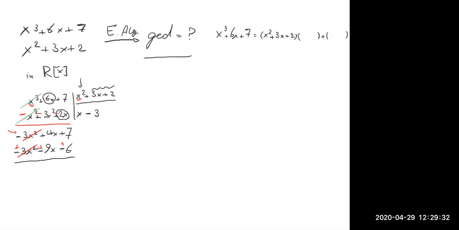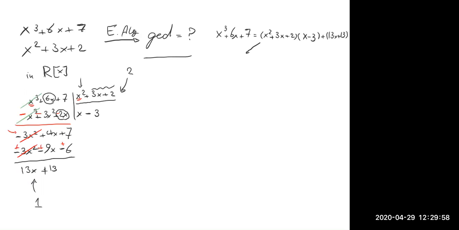This cancels with this. 4x plus 9x is 13x. 7 plus 6 is 13. Now the degree here is 1. The degree here is 2. Degree 1 is less than 2, so we should stop. So here we have x minus 3, and here we have 13x plus 13.